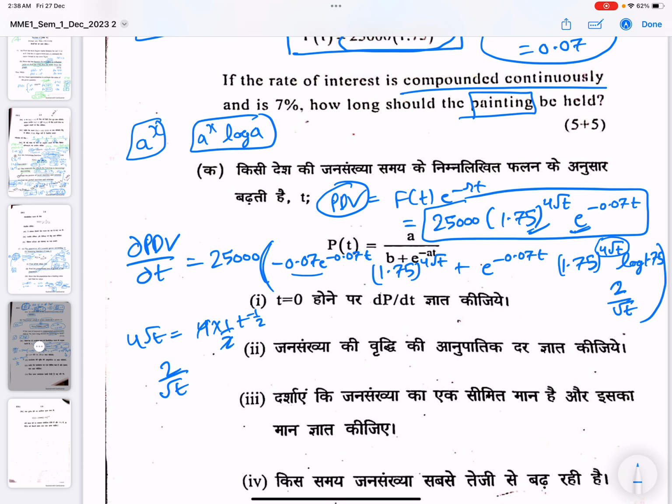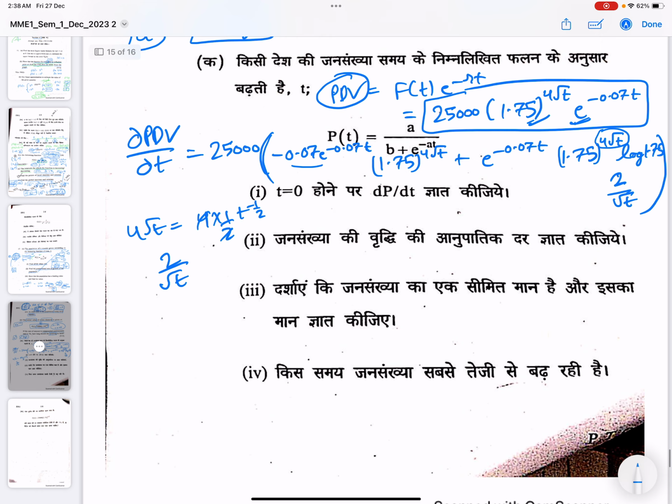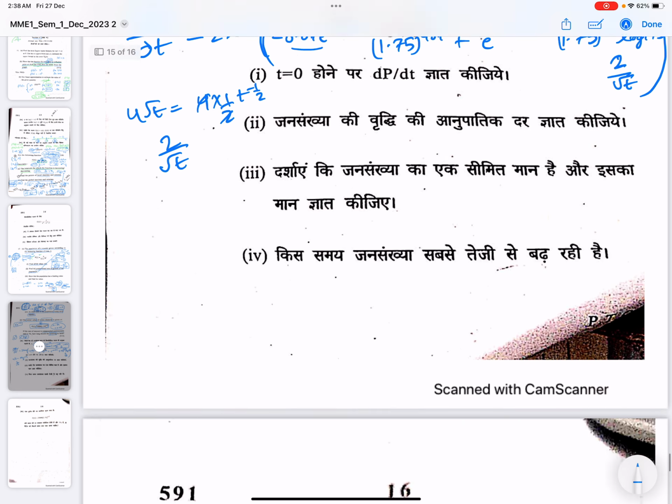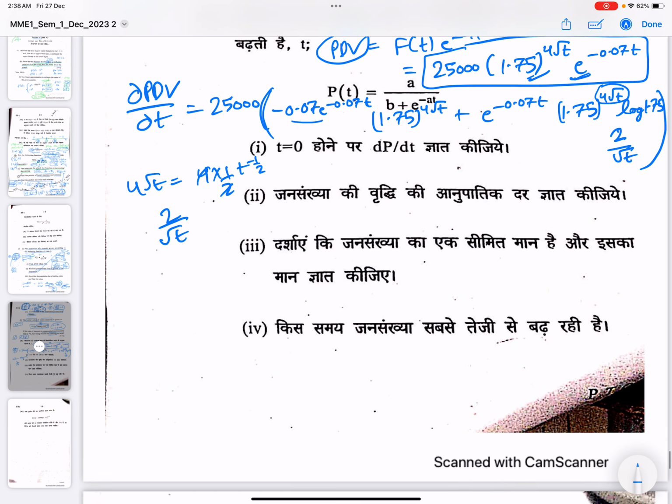Now we need to find the value such that, okay, we can further simplify this. 25,000 is already common. What all things are common? This is common, this is common. So we'll take 1.75 to the power 4√t into e to the power minus 0.07t common.